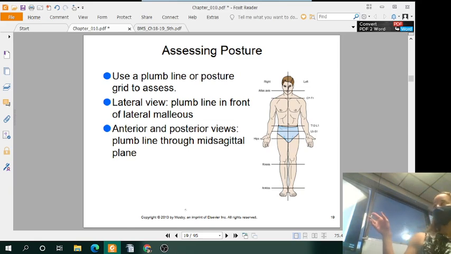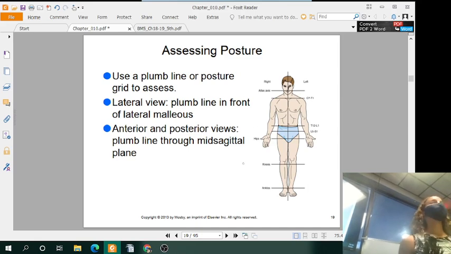So how we assess, there's different ways to assess someone's posture. You can use a plumb line, which is basically just some kind of string that has a weight at the bottom, so you hold it vertically. And you want to see how level their ears, their shoulders, their hips are. Generally we'll check shoulders and hips. Those are real easy to see, usually on people.